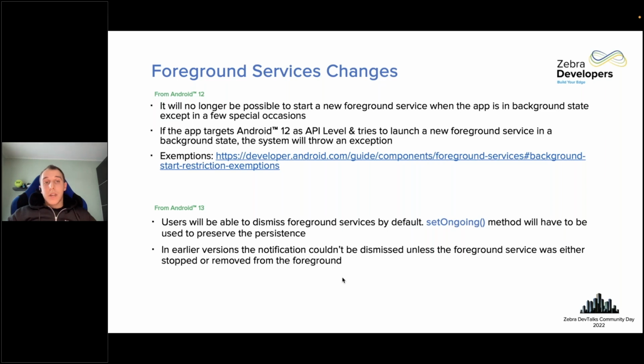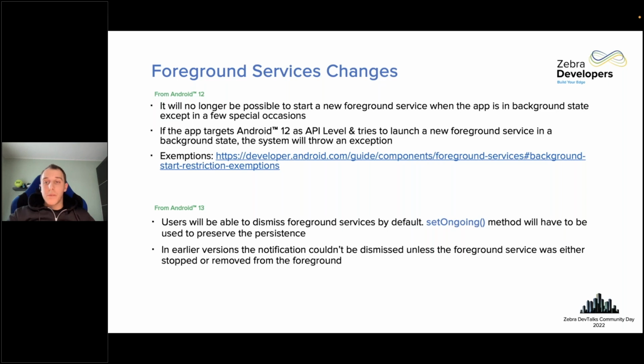And at the same time, from Android 13, there was a minor change related to foreground services, which is about the usage of the notifications. Essentially, by default, notifications are going to be dismissible, starting with Android 13, and that includes also the foreground services notifications.